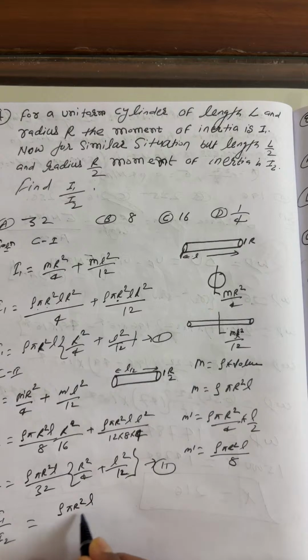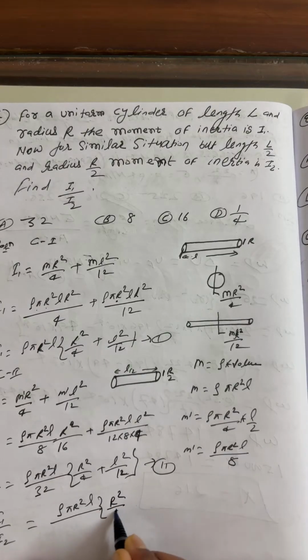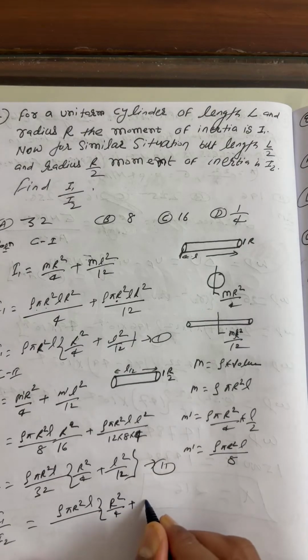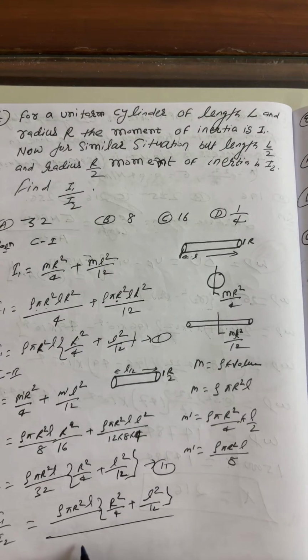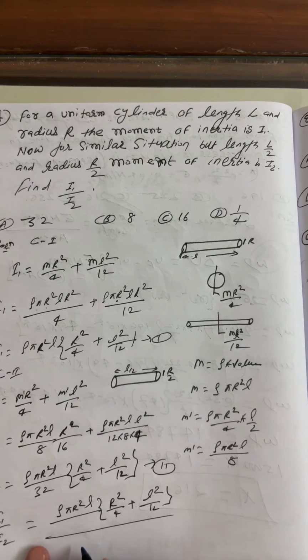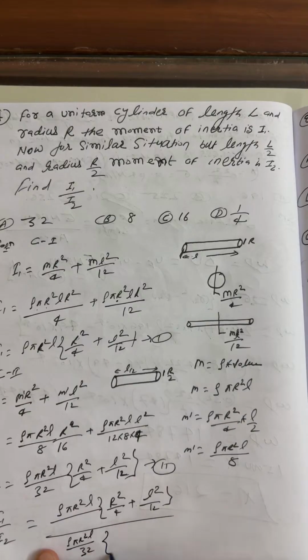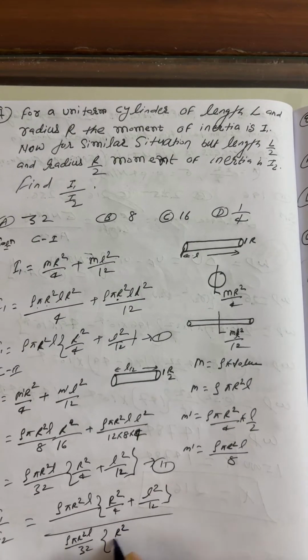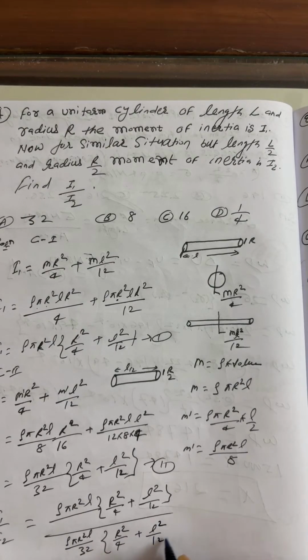Rho I square L by beta G into R square by 4 plus L square by 12, upon beta. This is L rho I R square L by 32 into beta R square by 4 plus L square by 12.